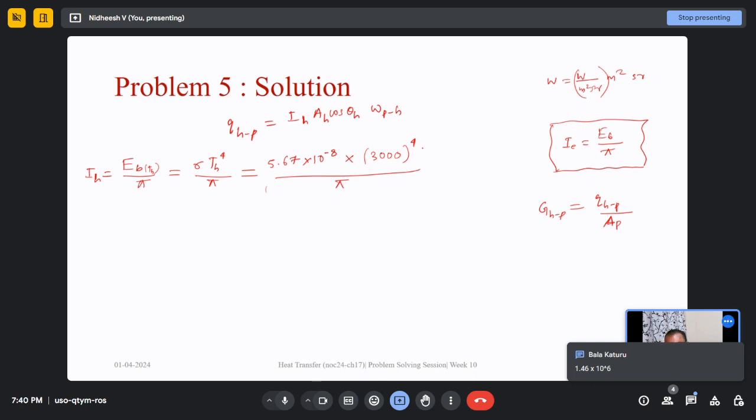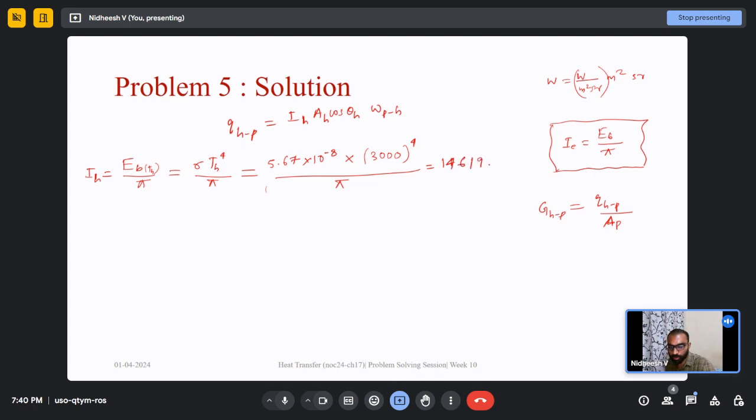Yes, right. So 1461901, right? Or 902 with units of watts per meter square steradians. Okay, this is intensity. Now what is AH?